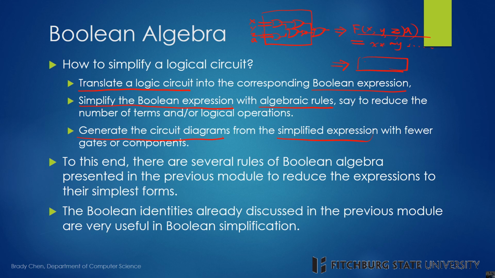We start from the logic circuit which contains many components, and then we convert it into a Boolean expression, and we simplify the Boolean expression to contain fewer operations. Then we generate the circuit diagram from the simplified expression. Now we have completed the simplification of a logic circuit.